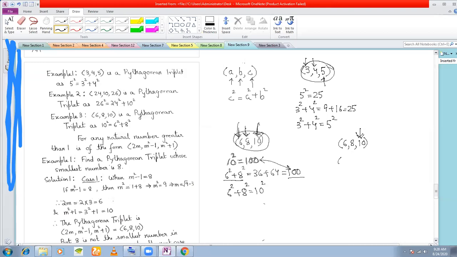You can write 6, 8, 10 as 8, 6, 10 also. But you cannot write 6, 10 and 8. Because see here, this 8 is not the greatest here. So always remember that the greatest number has to be written last.